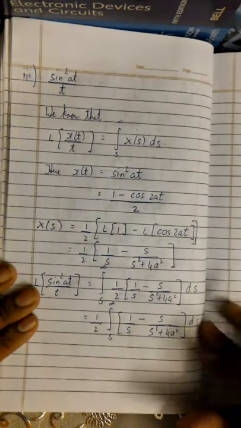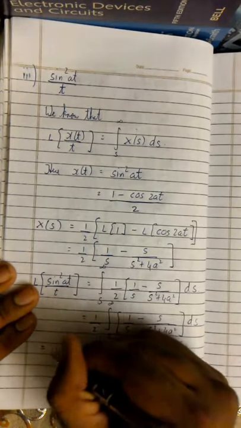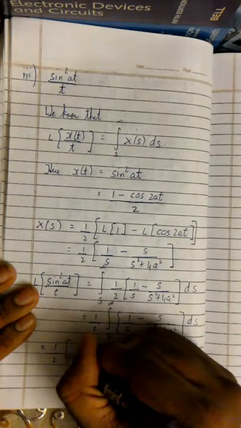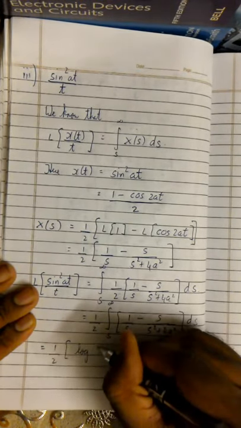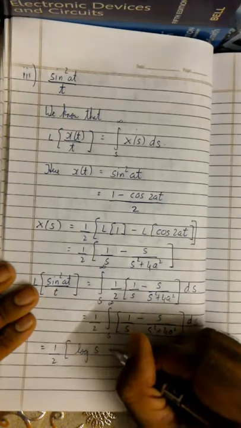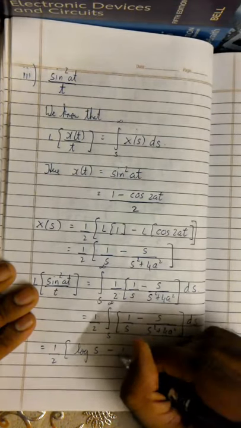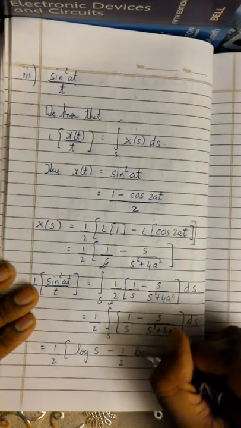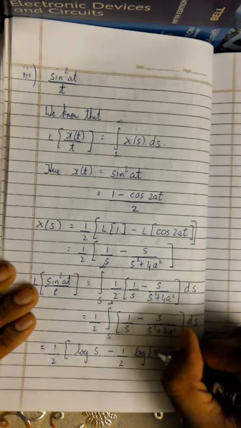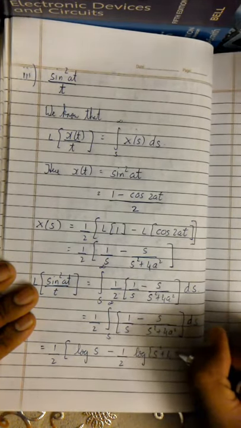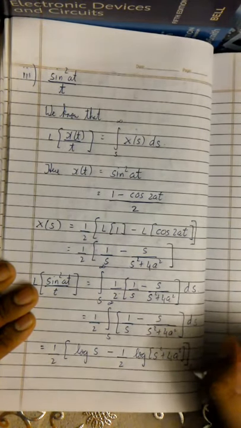So you will get 1/2 into the integral of 1/s, which is log s, minus the integral of this, which is 1/2 log(s² + 4a²), with limits from s to infinity.